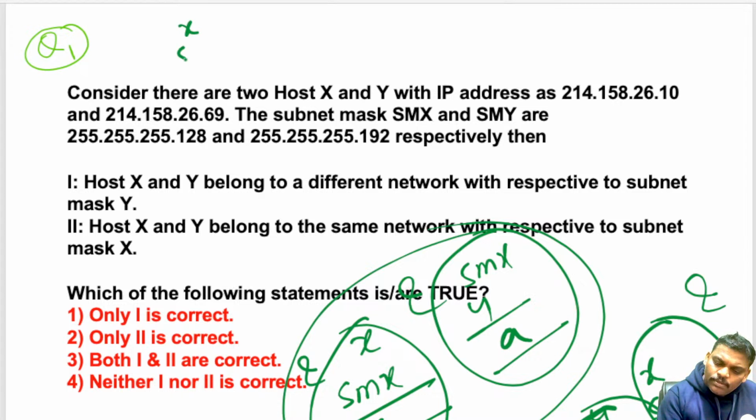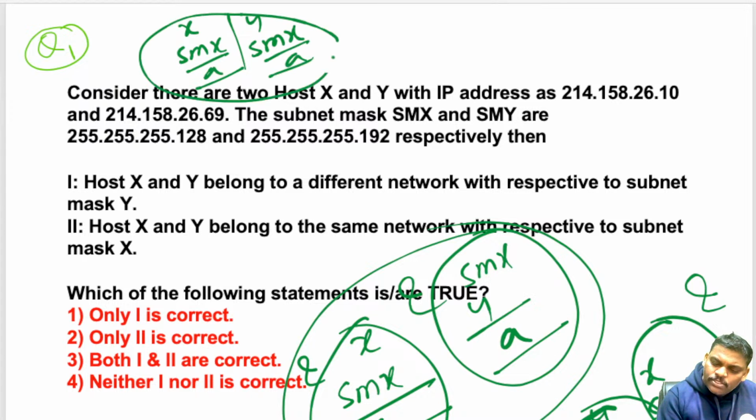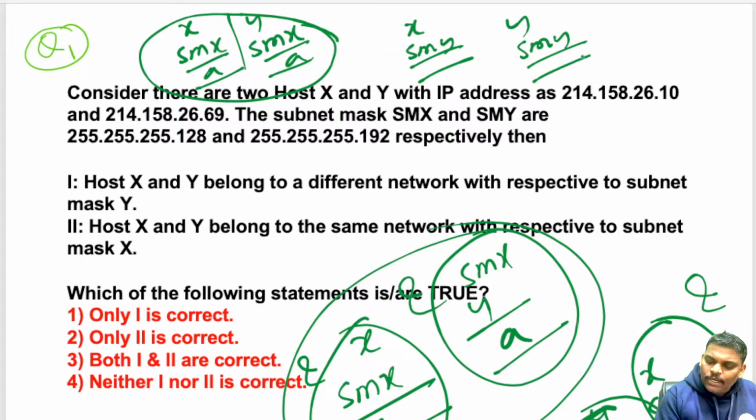X with SMX, Y with SMX, do AND. It is A. Assume both are equal with respect to SMX, both are in the same network. X with SMY, Y with SMY, do AND operation. Assume that both are B. So with respect to SMY, both are on the same network. Just do the AND operation.